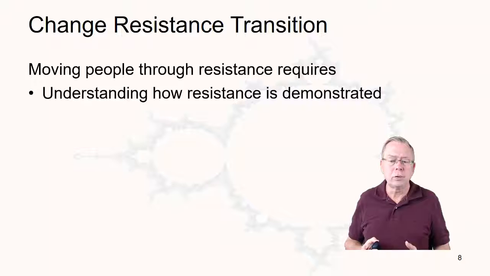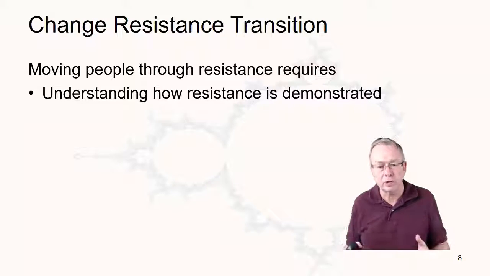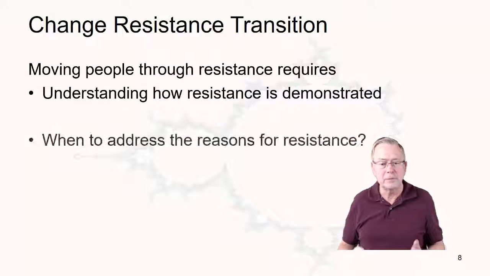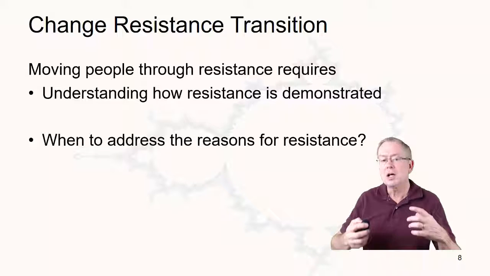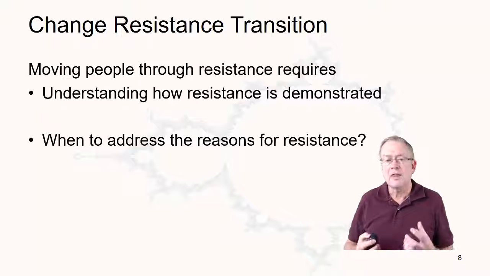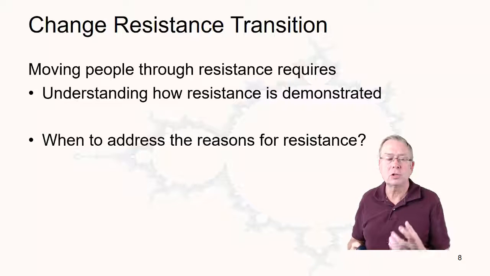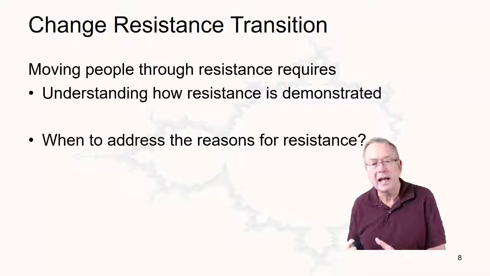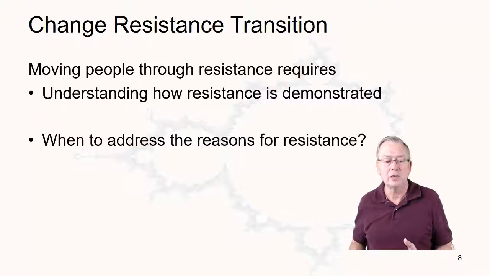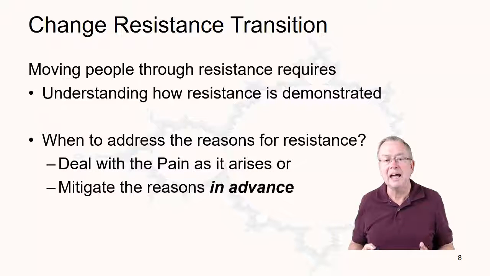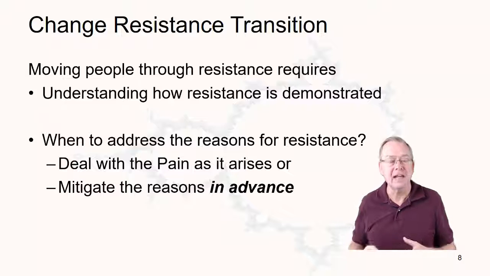Keep the people moving forward through the resistance, though, requires some understanding of how the resistance is demonstrated. We talked about that previously. But we also need to now address the reasons, the underlying core reasons that, once addressed, will give a better focus on how to mitigate. We're moving now from the understanding into the mitigation of change resistance, dealing with the pain as it arises or mitigating the reasons in advance.